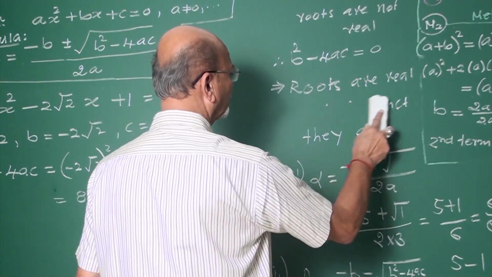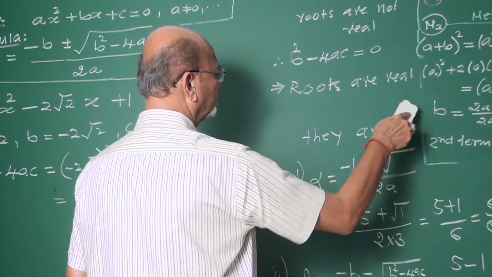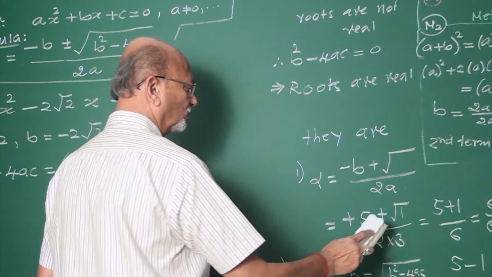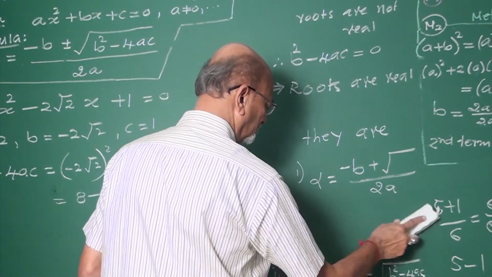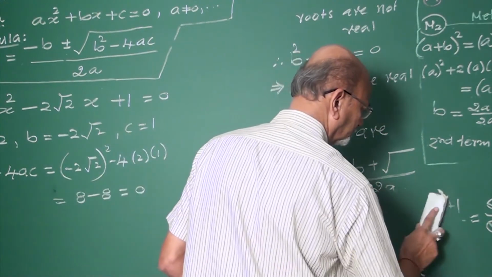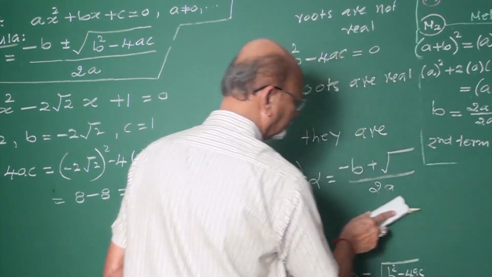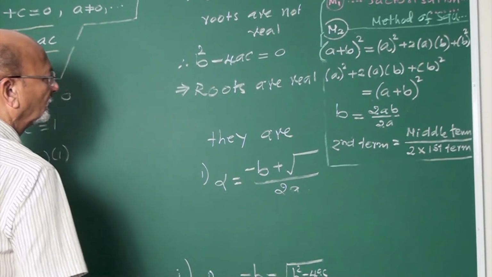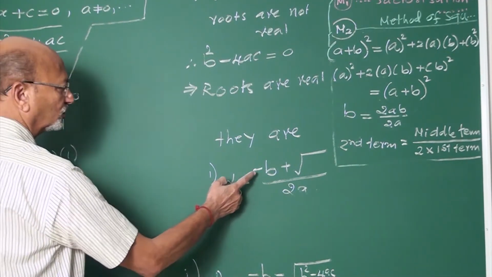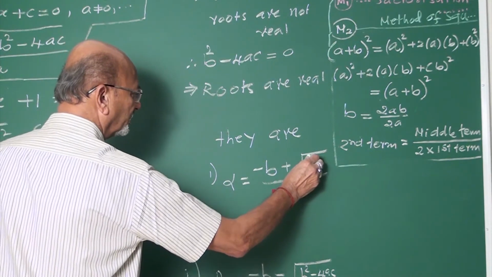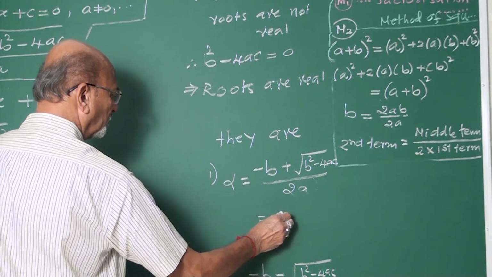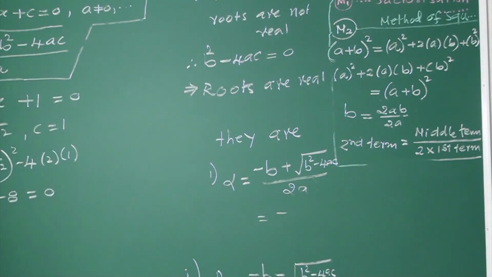How do you write? Roots are real and they are, first root alpha equal to minus B plus square root of B square minus 4AC. What is this, my friend? 0. Roots are real and they are alpha equal to minus B, what is your B?